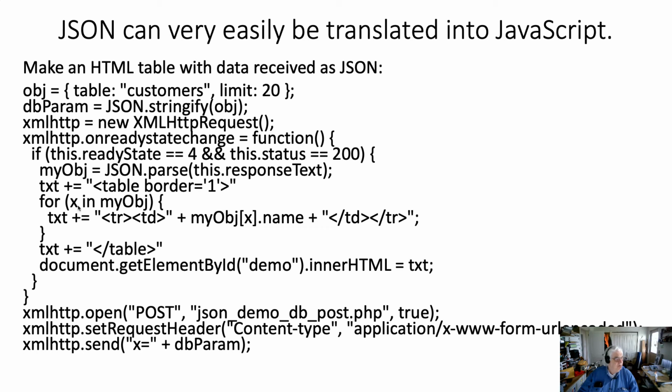We're going to step through the loop and build the table. At the end, we're going to add the end bracket, close the table, and then set all that into innerHTML. So this is how simply you can build tables and get it back into HTML. And then, the end of the AJAX type call.